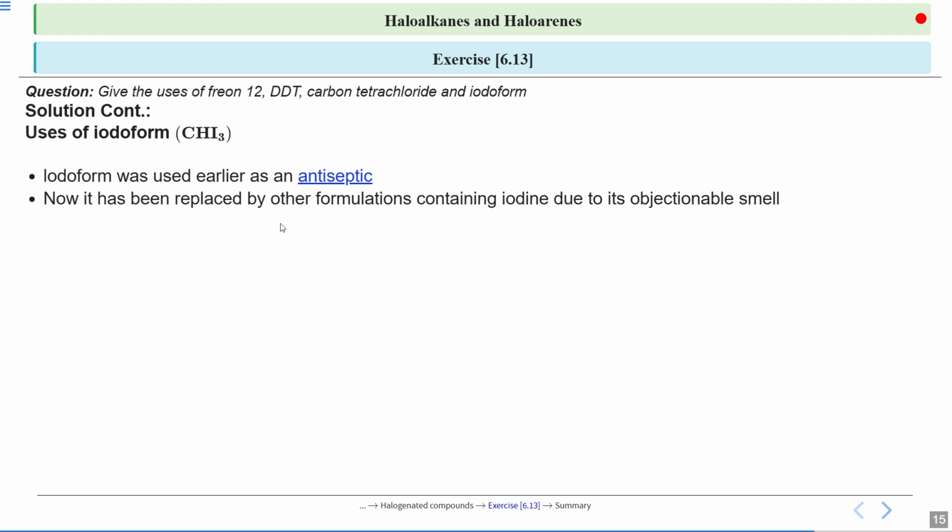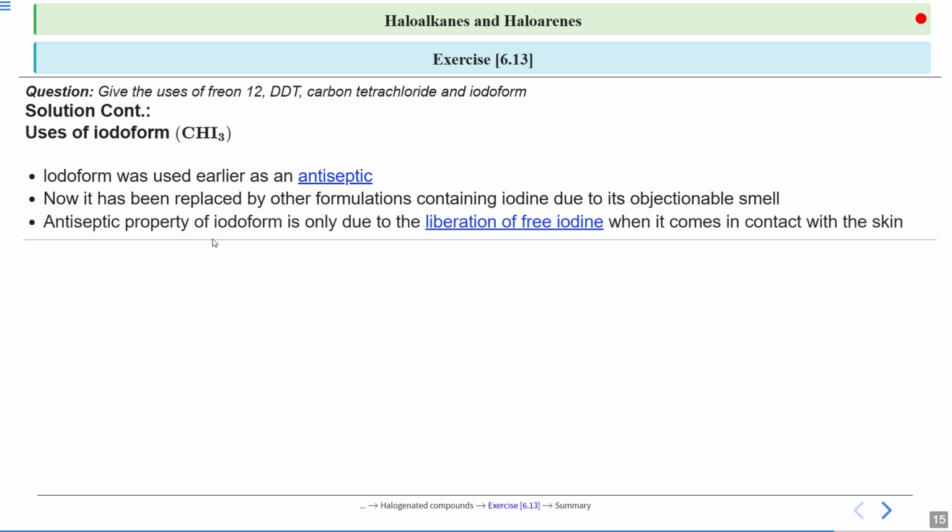It has an uncomfortable smell, due to which it has been replaced by other iodine-containing formulations or compounds.